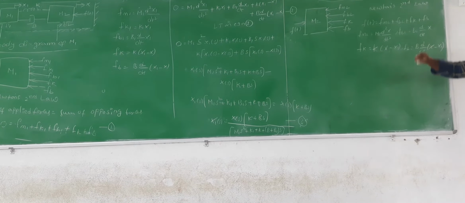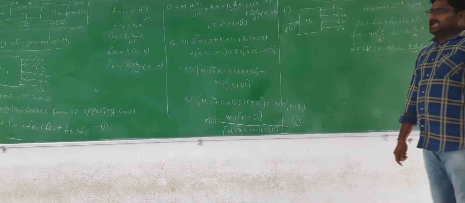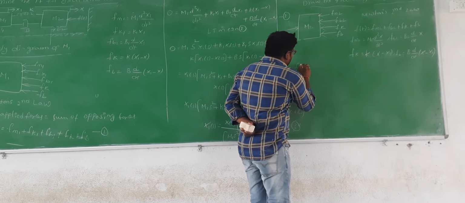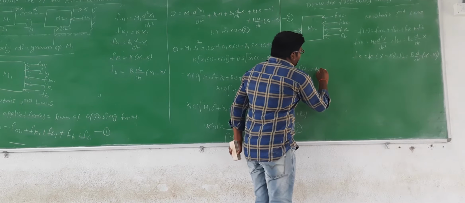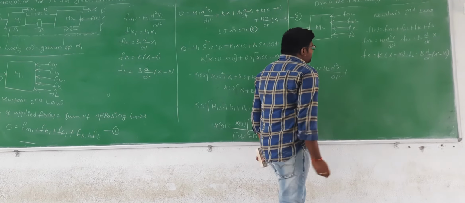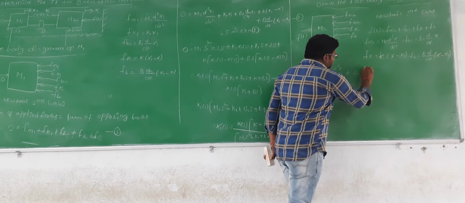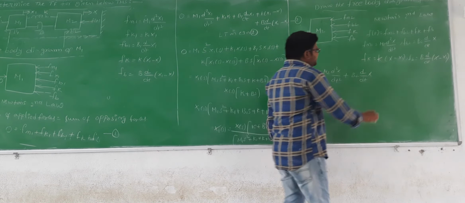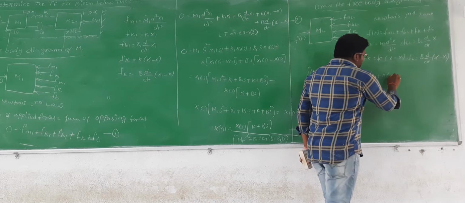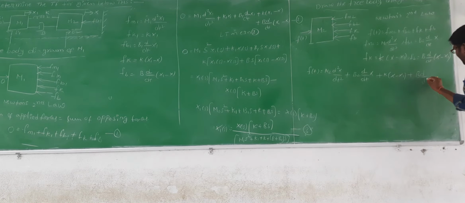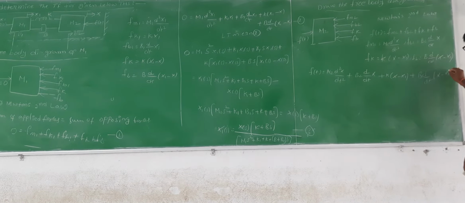Substitute all the values in the force balance equation: F(t) equals m2 into d²x/dt² plus b2 into d/dt of x plus k into (x minus x1) plus b into d/dt of (x minus x1).